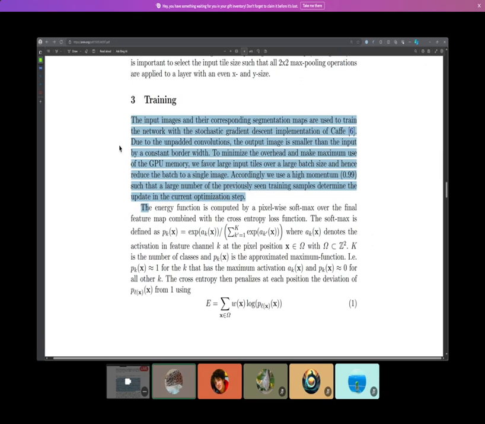The energy function is computed by a pixel-wise softmax over the final feature map, combined with the cross entropy loss function.